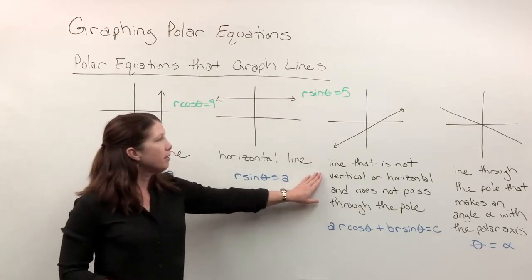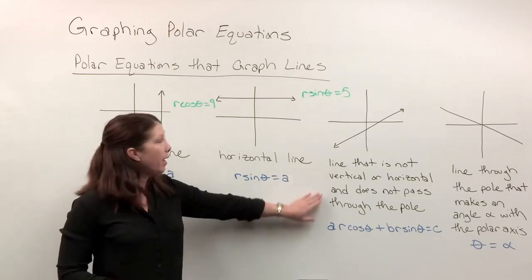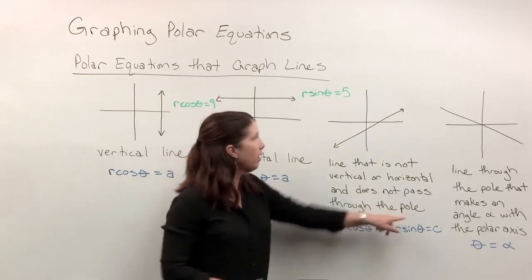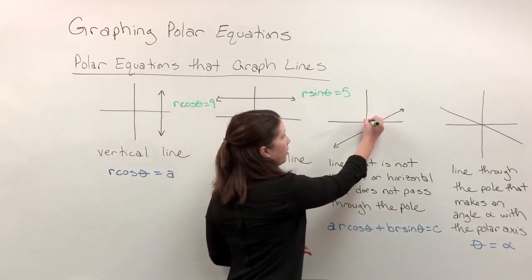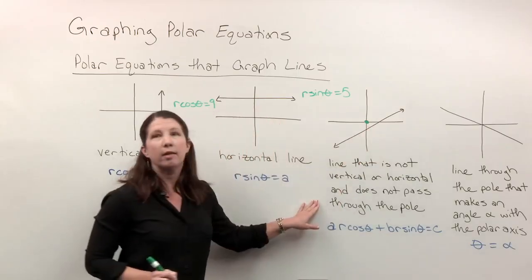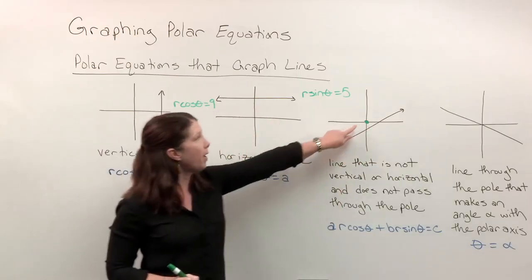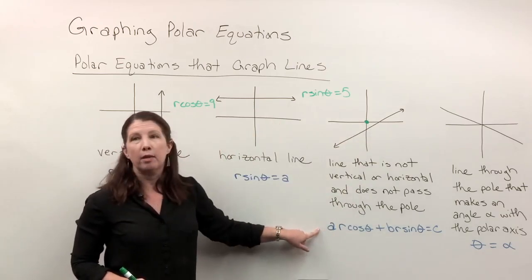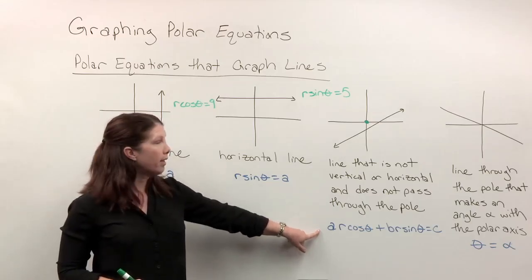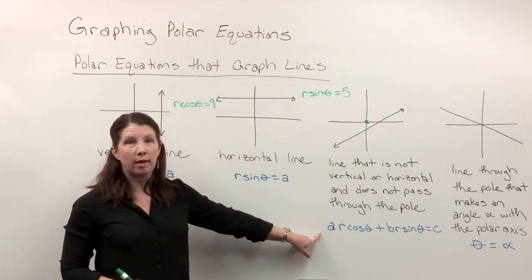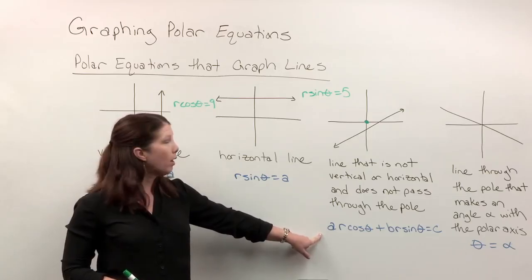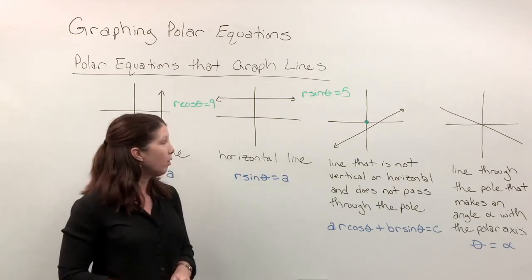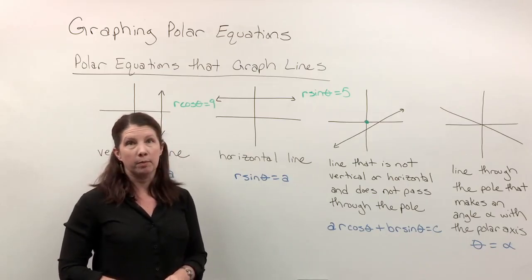If we have a line that is not vertical or horizontal and does not pass through the pole, which on a polar plane means the point (0, 0), then the equation will be in the form a r cosine theta plus b r sine theta equals c, where a, b, and c are some constants, and a and b are neither equal to 0.